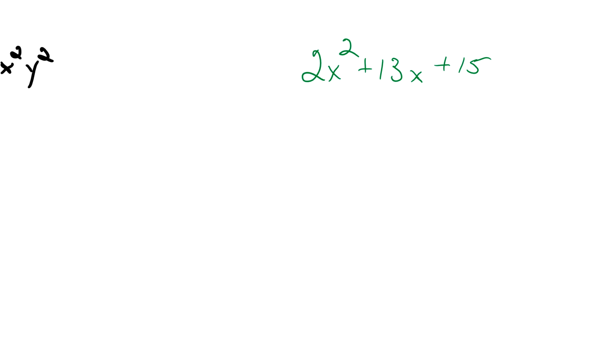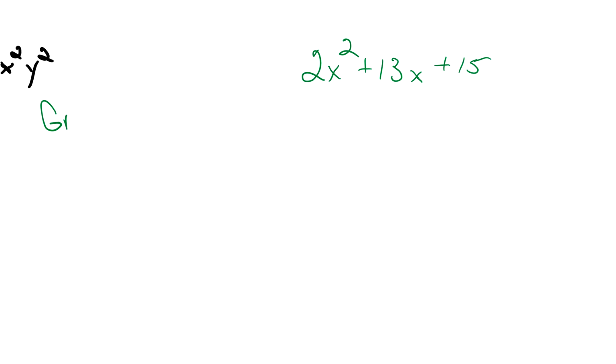This is what's known as factoring a trinomial where the lead coefficient is not 1. In this case, it's 2, because if you look at 2, 13, and 15, I can't factor out that 2, so I'm stuck with it. All right, so then here's where I have to go to the grouping method.